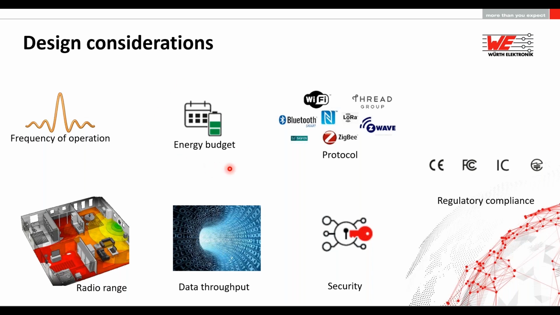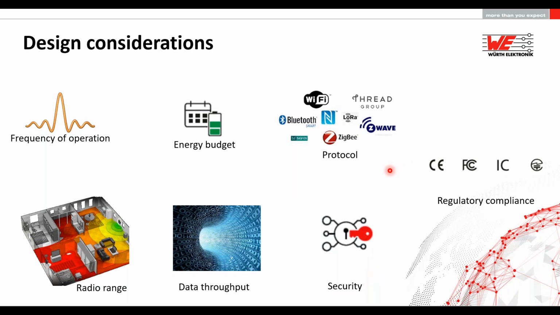The energy budget: as I said, most of the devices are battery operated, and it is very important to consider energy calculations right from the design phase, which means that low power design has to be incorporated in hardware, software, high level protocol, and the end device. So this is very important to consider. A similar factor is security. Security by design is a must for modern day applications.